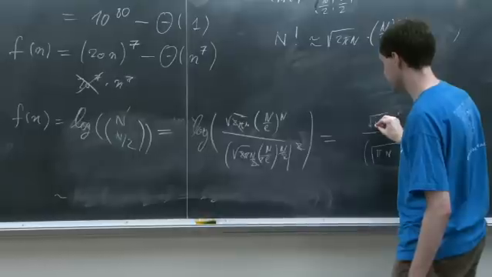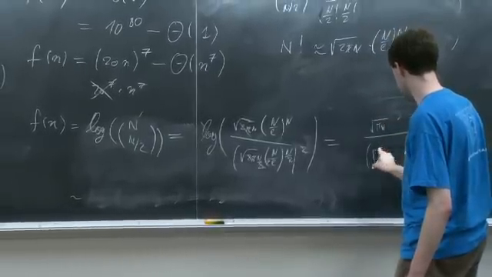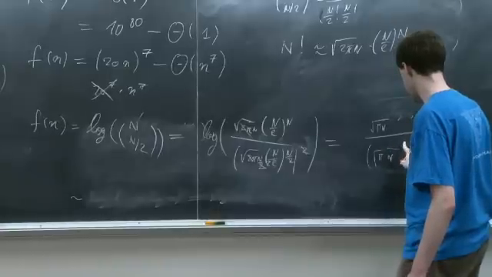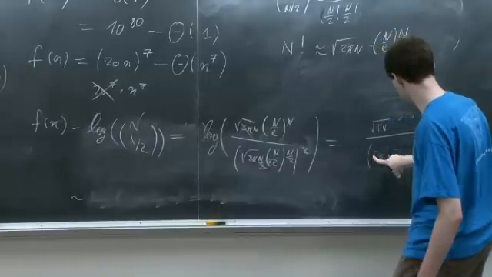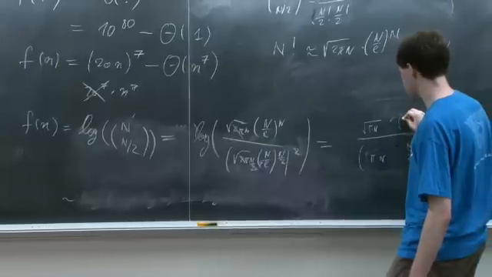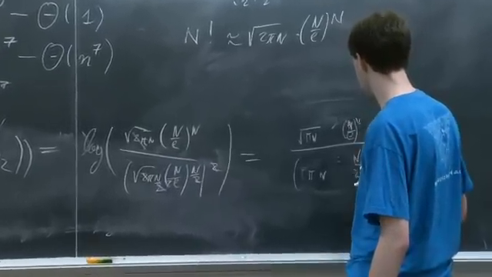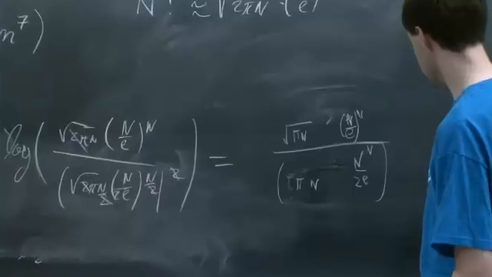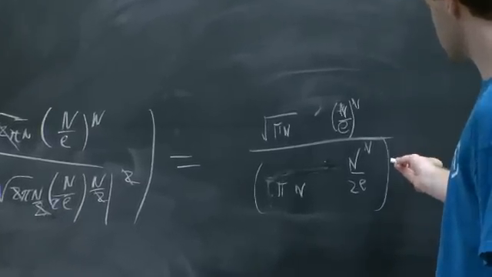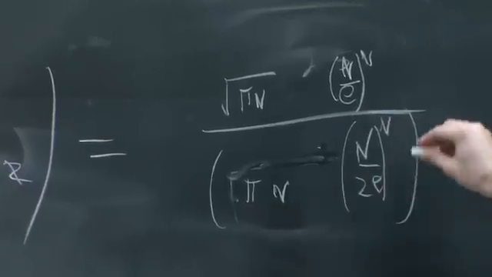Square root of pi n, oops, and this is square root squared, so that cancels. Times n over n. Do you need parentheses on n over 2e? Yeah, that's probably good.